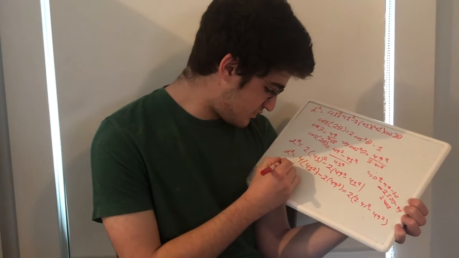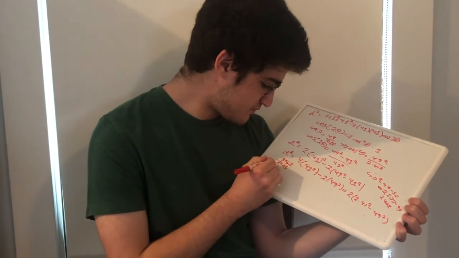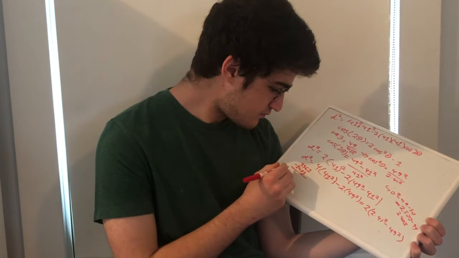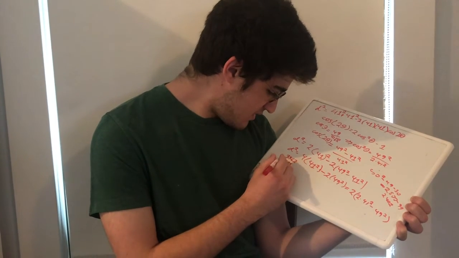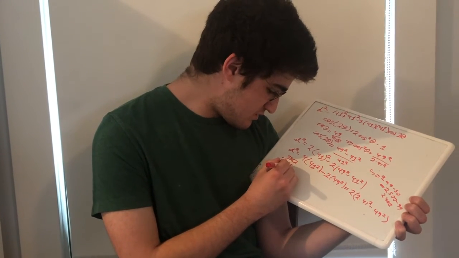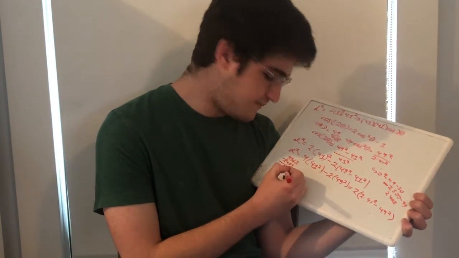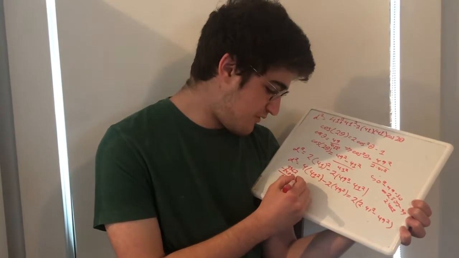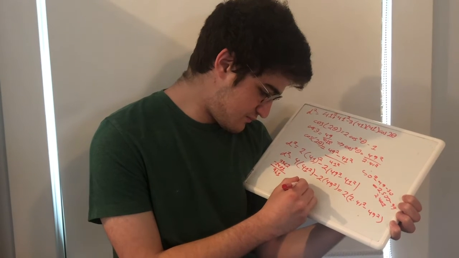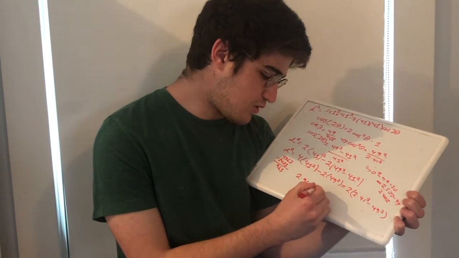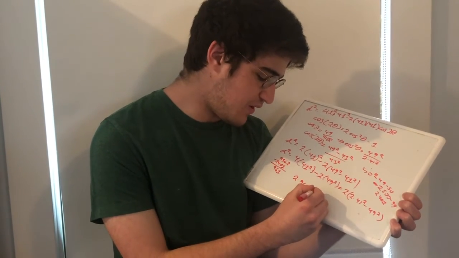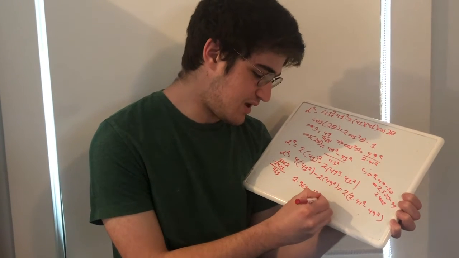So if we subtract 2401, what we're going to wind up with is just 961. And if we double that, we're going to wind up with 1,922.